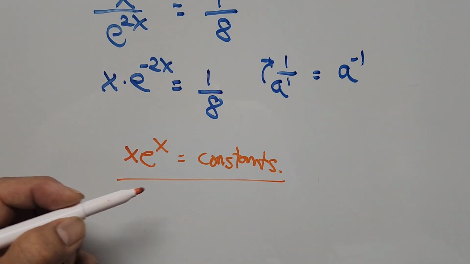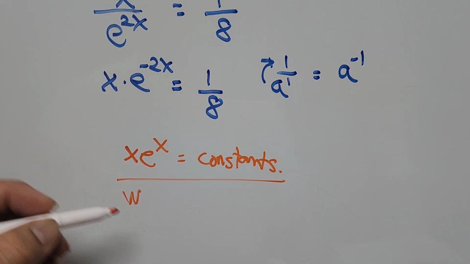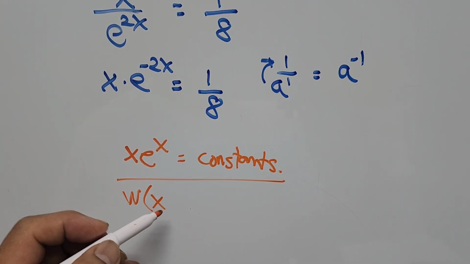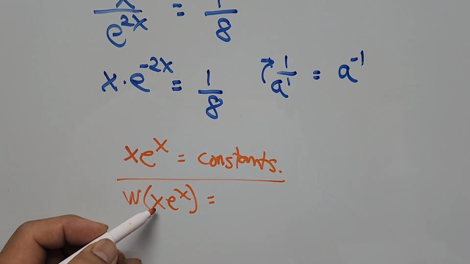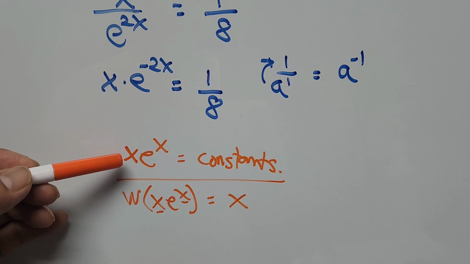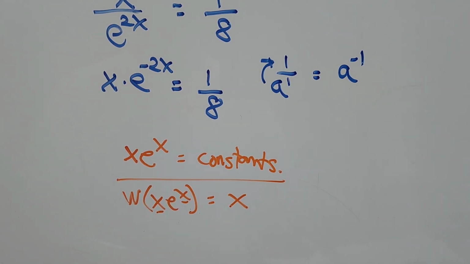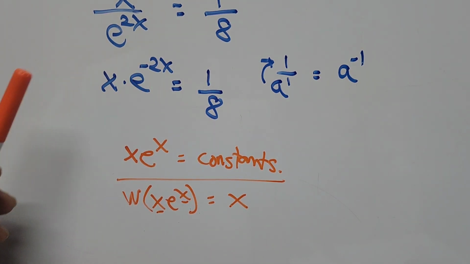For the Lambert W function, we apply W to x times e to the power of x, and we'll be getting back the value of x. All right. And here the value of x can be in any form, right? What I mean by that is it can be negative 2x, or x itself, or another constant and another x. All right.